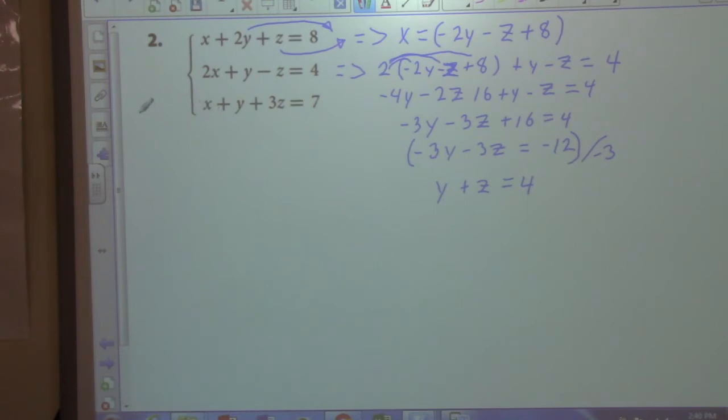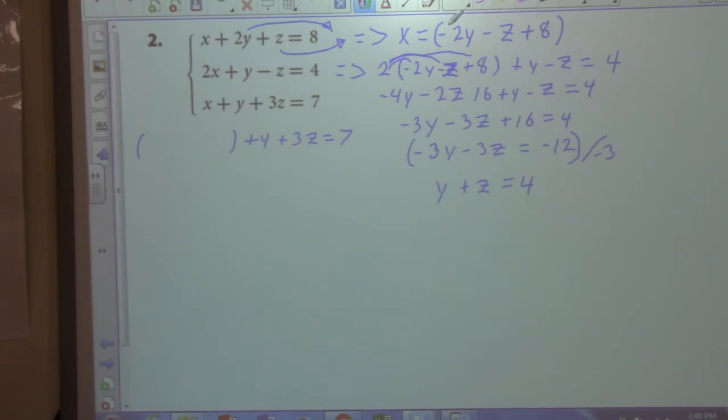Okay, next thing we're going to do is take this equation here. And so I'm going to just rewrite an open parentheses here, and I'm going to put plus y plus 3z is equal to 7. What is going to go in this parentheses here?